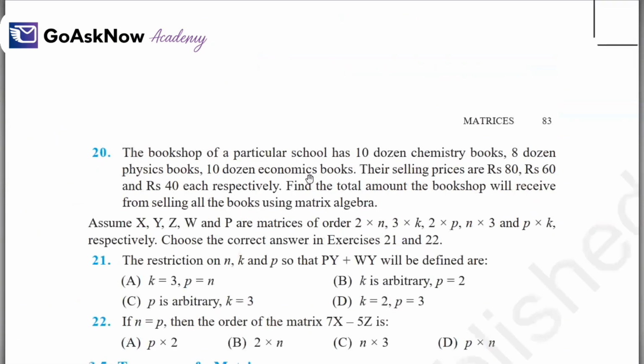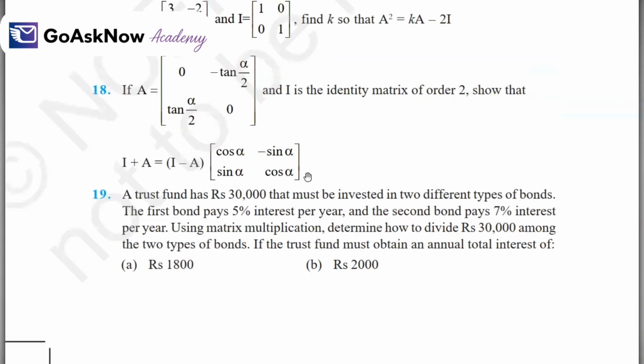So yes, let's move to the next question. A trust fund has rupees 30,000 that must be invested in two different types of bonds. The first bond pays 5% interest per year, and the second bond pays 7% interest per year. Using matrix multiplication, determine how to divide rupees 30,000 among the two types of bonds if the trust fund must obtain an annual total interest of rupees 1800 and rupees 2000.